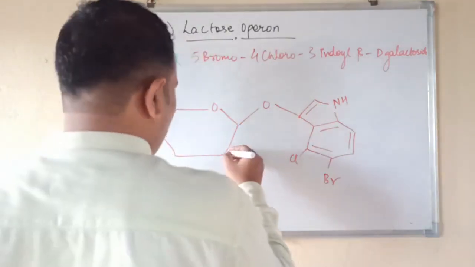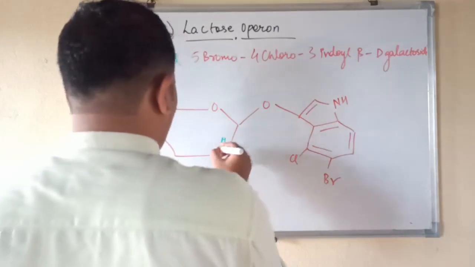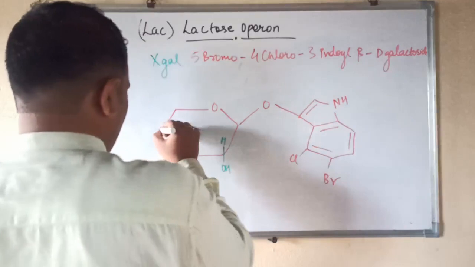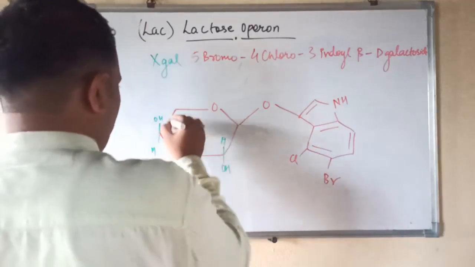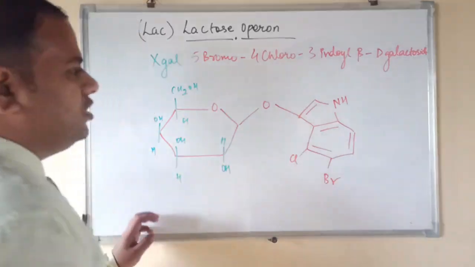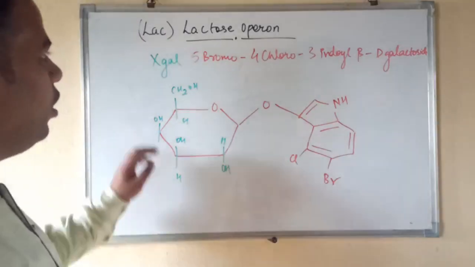Okay, so now this regular bonding of HOH and here CH2OH. Okay, so this is the structure of X-gal.